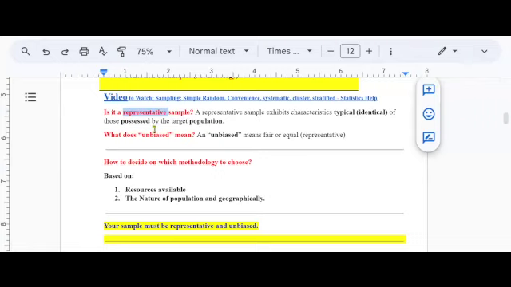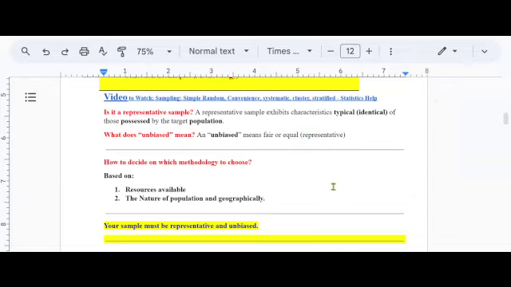What does unbiased mean? Fair or equal, representative. So if I'm doing a survey for BMU, it has to be fair. I don't take only 10 students from one place and 100 students from another. It has to be fair and representative.